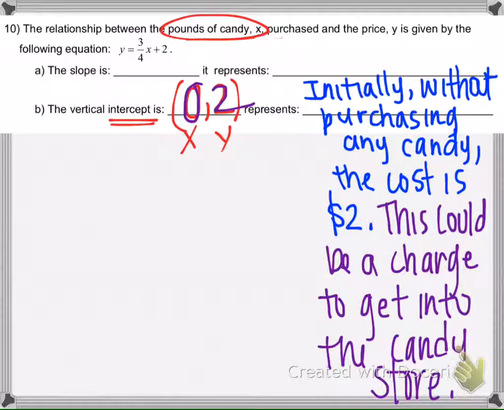So maybe the 2 could represent a charge to get in, or some sort of delivery charge that you're going to pay no matter how much candy you get. So again, there are all kinds of possible answers, but you need to explain why, when you don't buy any candy, there is still this $2 charge.